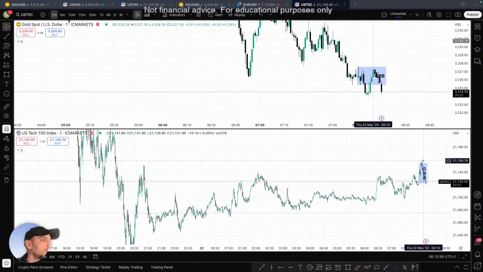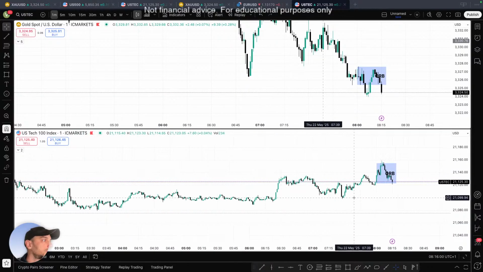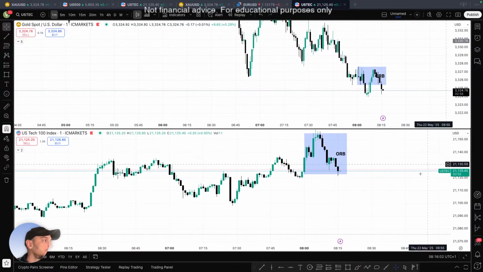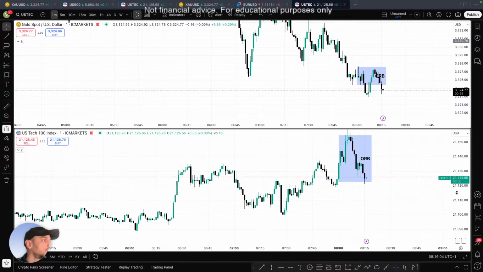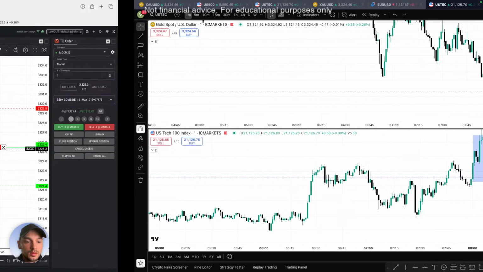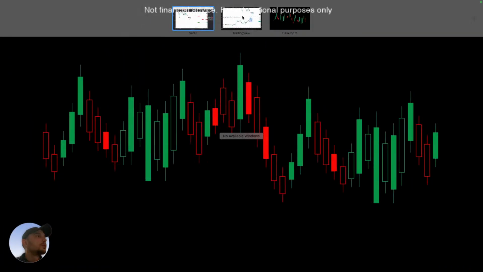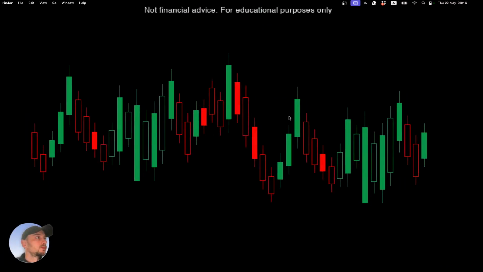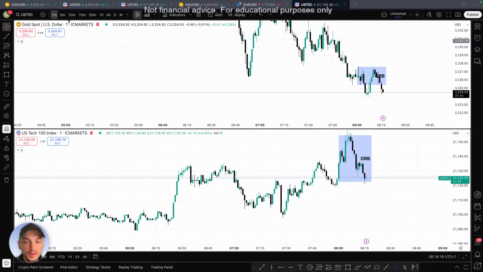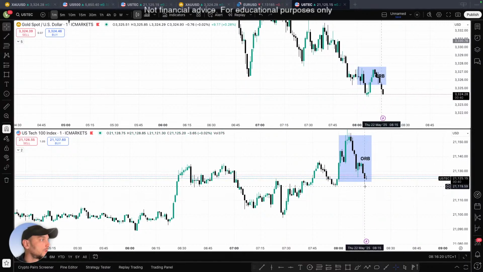We took liquidity from here. Let's see the next 1 minute candle. Yeah, let's watch this 1 minute candle now.